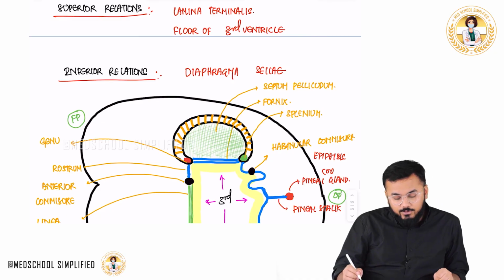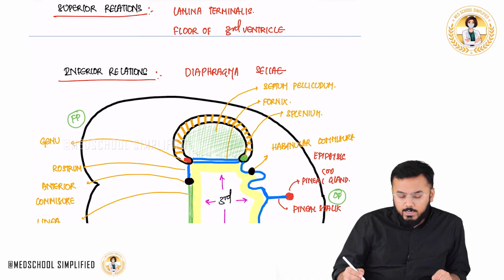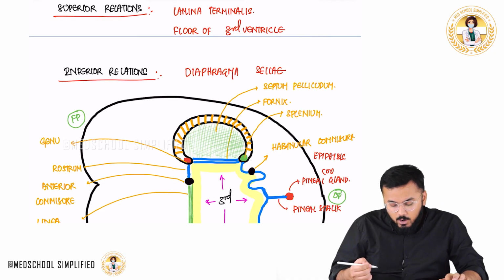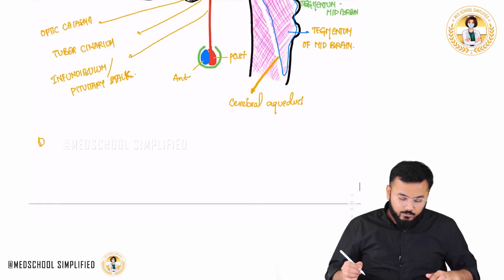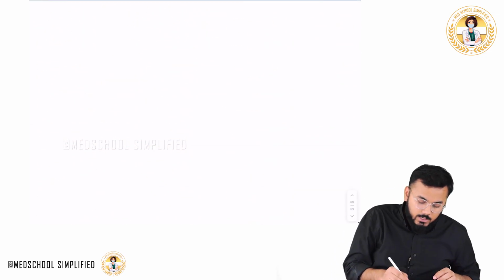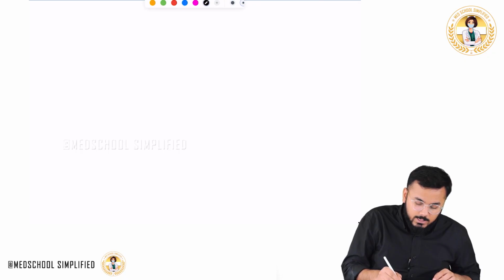Next, coming to the inferior relations. Now, what are these inferior relations? Among the inferior relations, we have one very important structure called the diaphragma sellae. So, what is this diaphragma sellae? For this, let me draw one more picture over here. You will understand what this diaphragma sellae is.